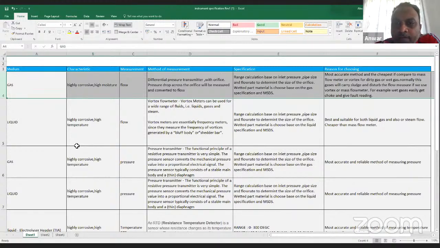So those experiences that I had earlier. Yes, so maintenance program, asset integrity, and also reliability program to be determined.